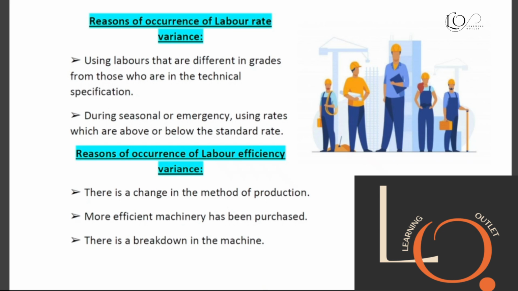In another way, it can also be that a new machine was introduced and it started taking 15 hours because laborers don't know what to do. They're not comfortable with that method of production. Or the efficiency can go down if the machine broke down and time was being wasted. So for labor, there is a rate variance and then there is an efficiency variance.